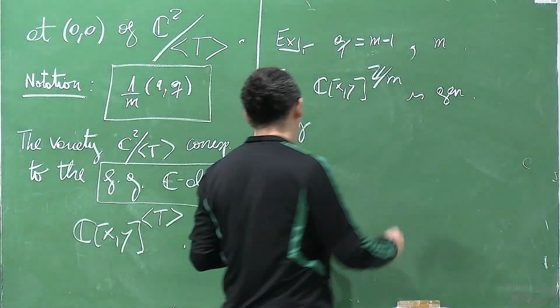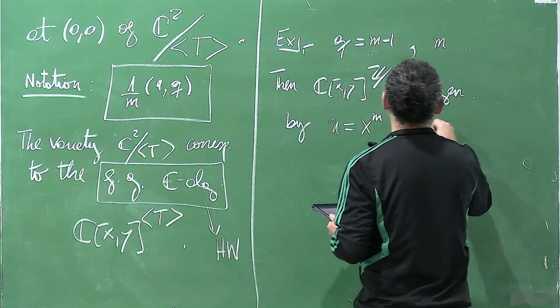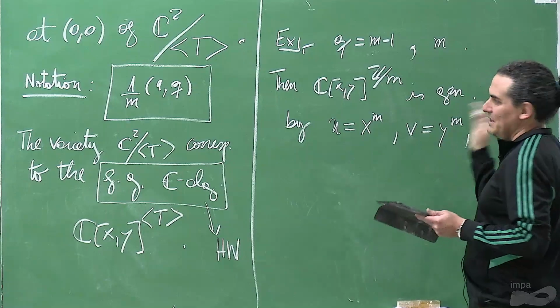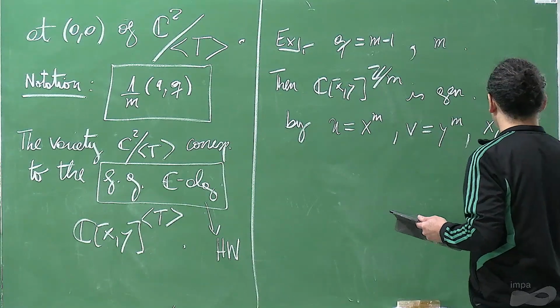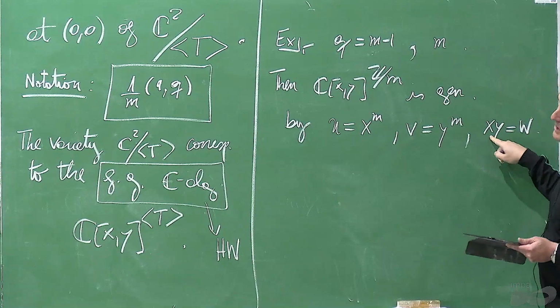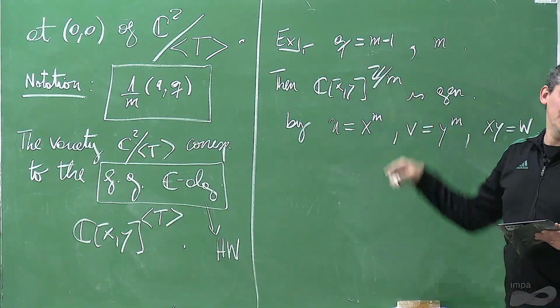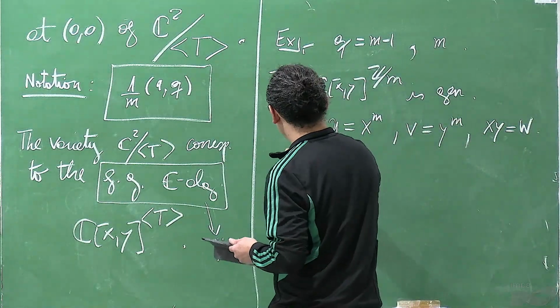So let us put those invariants: u equals x to the m, v equals y to the m. And then there is one more, and with that we generate everything, which is xy equals w. You see, because here you get mu, and here you have mu to the m minus 1, so you get mu to the m, and this is 1, and so it's invariant.